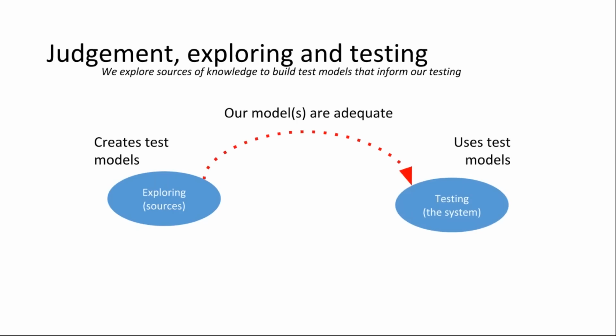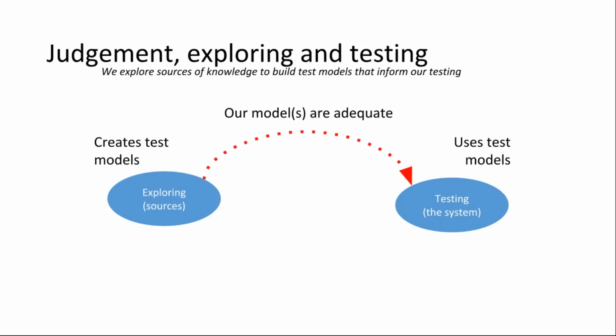At some point we read, we interview, we study, we analyze, we do whatever we need to do to understand the definition of a feature, say. And at some point we think, aha, I think I understand enough to write some code. I think I understand enough to test some code. Our models are adequate. So we flip from the left of exploration to the right, which is the testing side.